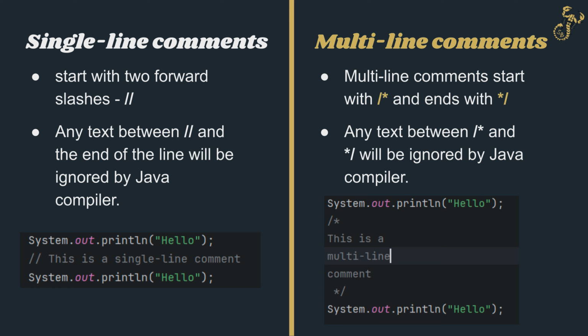In this example here, we have a System.out.println hello that will get executed. Then we have a multi-line comment section that says "this is a multi-line comment that will get ignored by the compiler". And then we have again System.out.println hello, which will get executed.